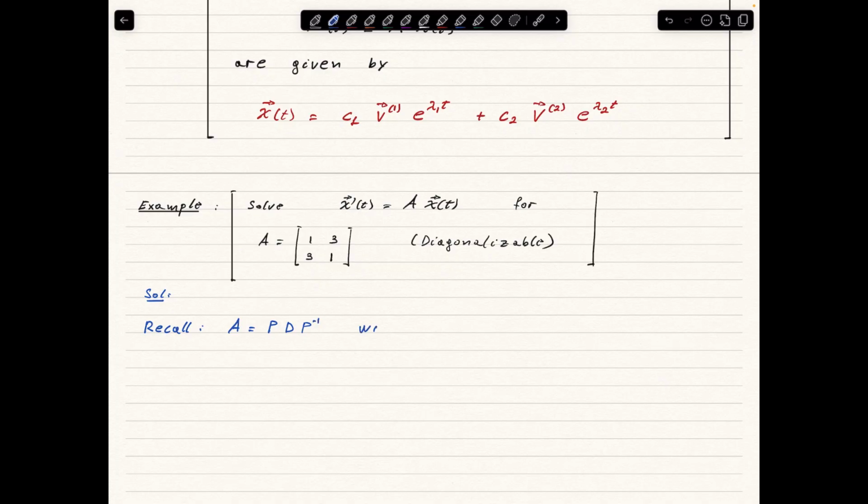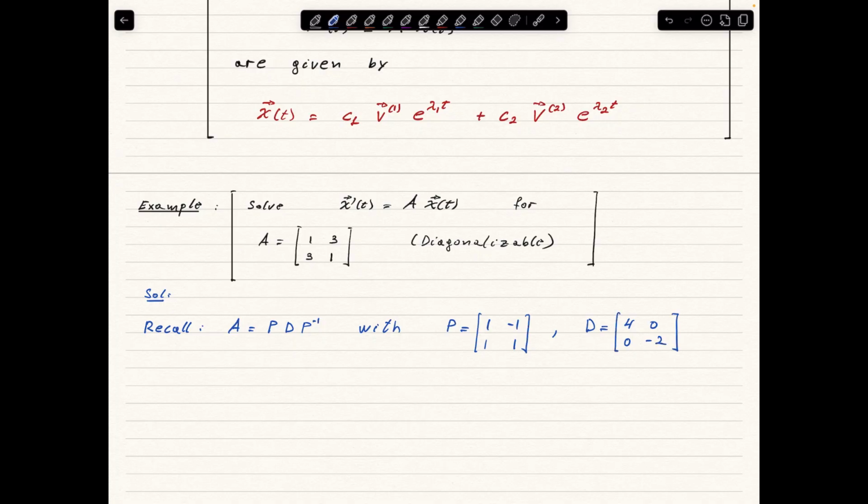And we know also what matrix P is. Matrix P, we know the eigenvectors of this matrix are (1, 1) and (negative 1, 1) from my previous video, and D is (4, 0, 0, negative 2).